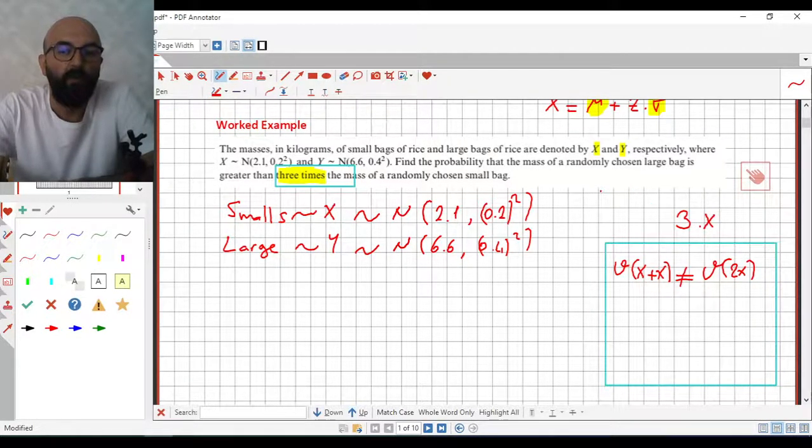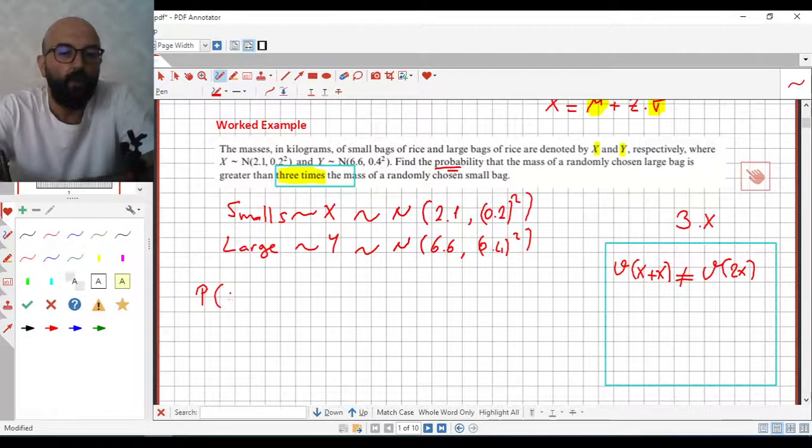Okay, now we want to find the probability that a large bag is greater than 3 times a small bag.